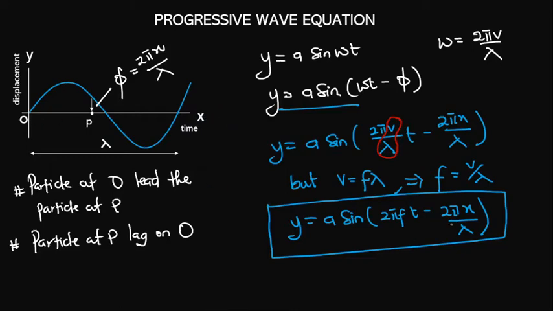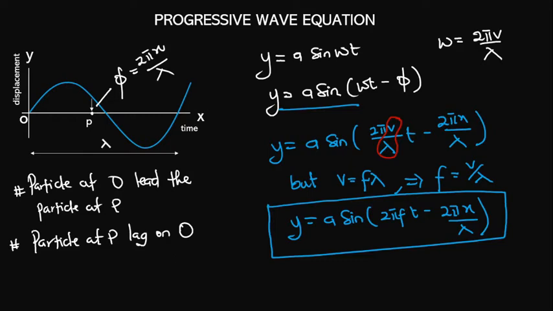The v is the velocity of the wave. The A is the amplitude of the wave. The f is the frequency of the vibrating particle, pi is a constant, and T is the period of the wave.